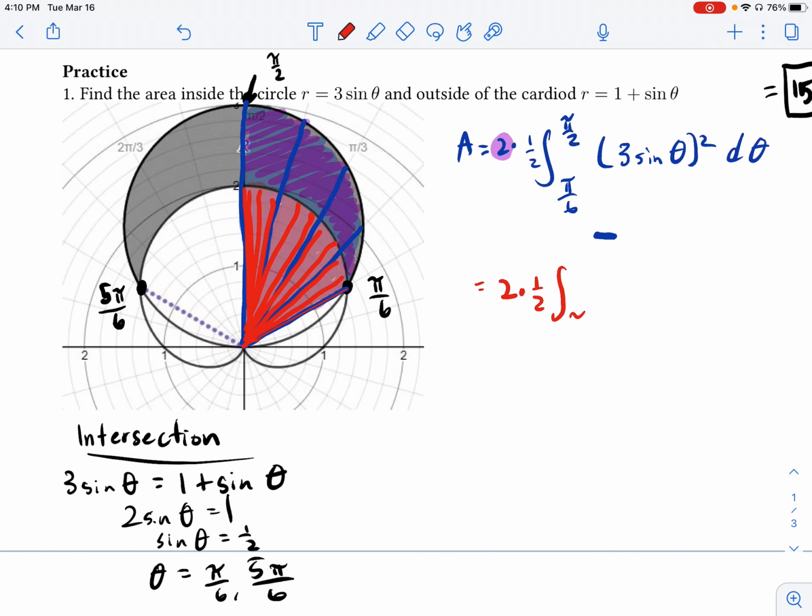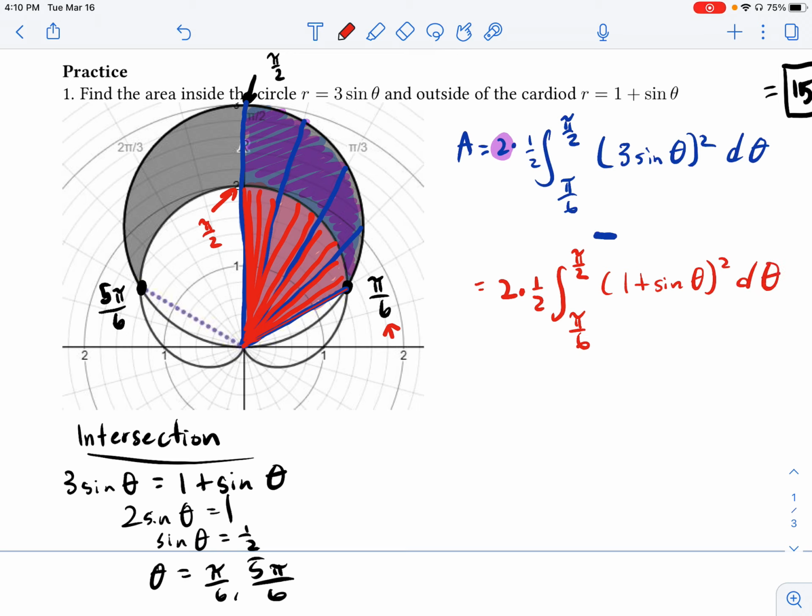Well, it's also from pi over 6, this is where we're starting, from pi over 6 all the way to pi over 2, and you want to confirm that it's pi over 2 there and not a different angle because it was a different polar function, but you can just evaluate your polar functions there, just to make sure it does give me an r value of 2 for the cardioid. And this would be 1 plus sine theta, that's squared d theta, okay?